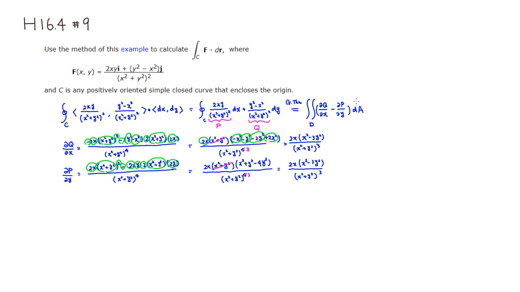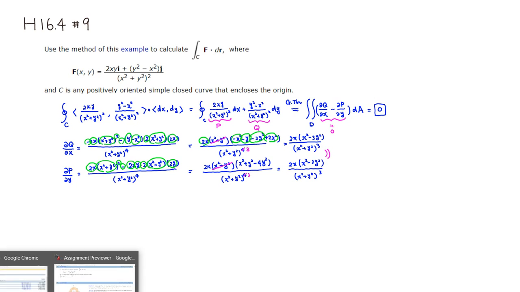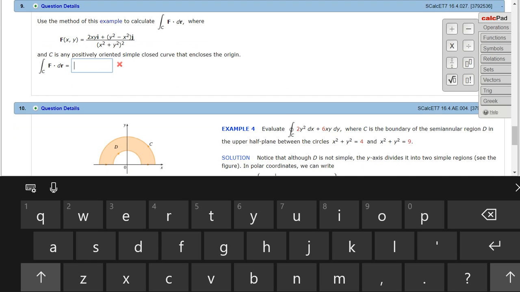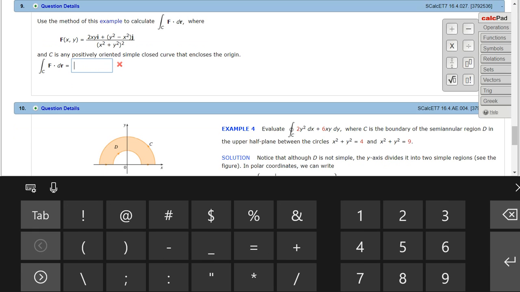We know these two values are exactly the same, so this is actually equal to 0. That makes our lives a lot easier, because the integrand is 0, so the integral is going to be 0 as well. Let's type it in. The answer we got is 0.